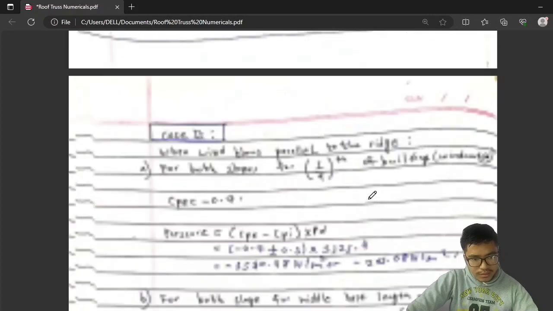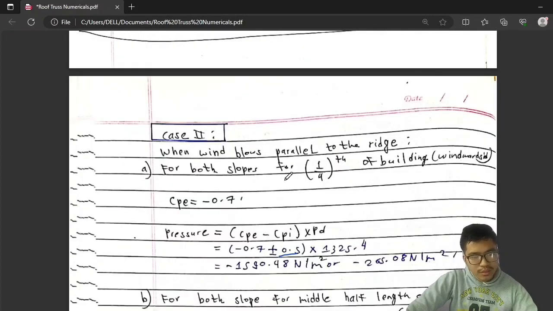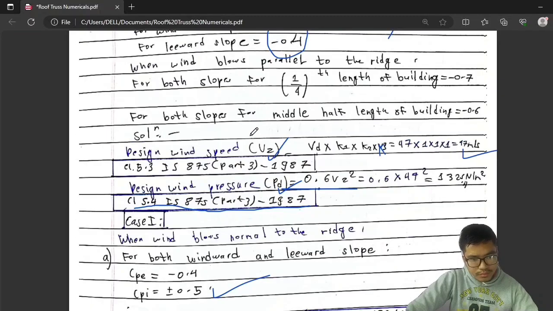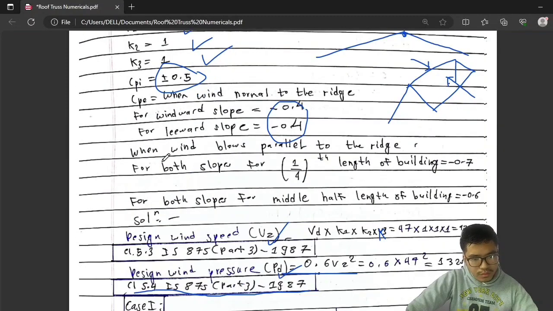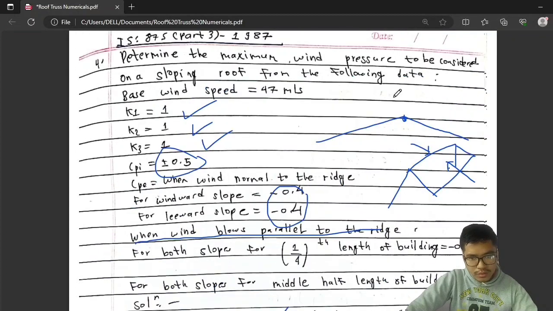And the second case is when wind blows parallel to the ridge. So this is the ridge and parallel to ridge is this direction.